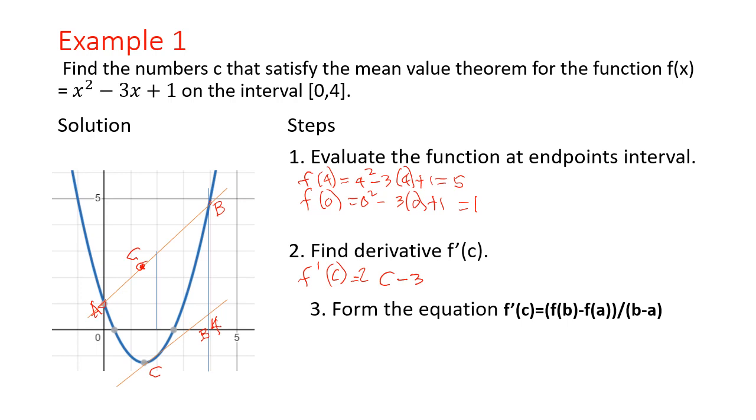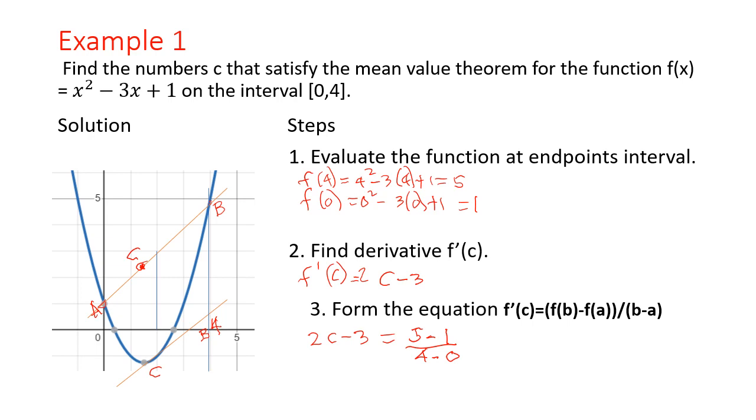So form the equation: f prime of c, 2c minus 3 equals f of b minus f of a all over b minus a. So you have 5 minus 1 all over, b minus a is 4 minus 0.